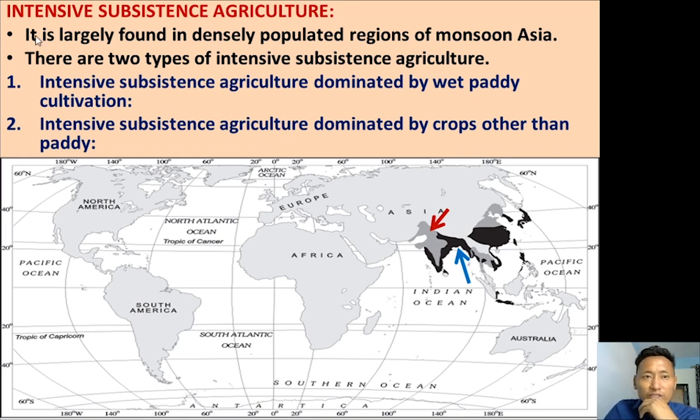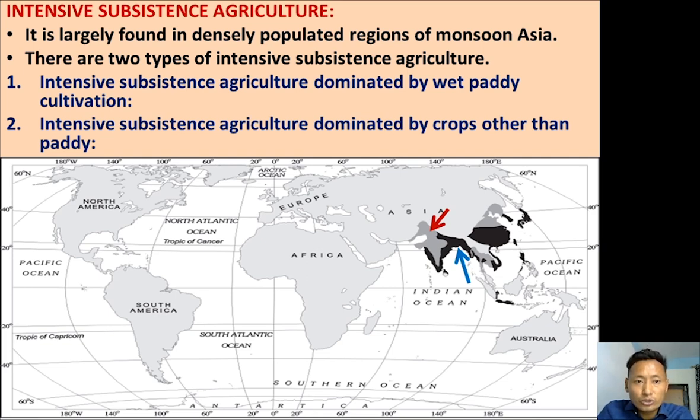Why is it called intensive? In a year, the farmers are cultivating two or more than two crops on the same particular agricultural land during one agricultural year.